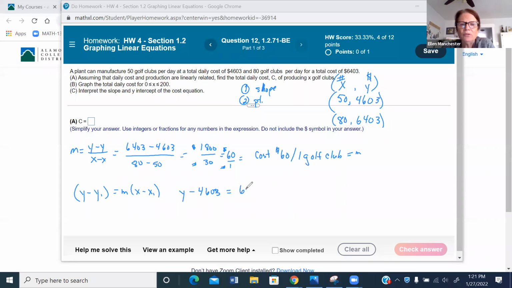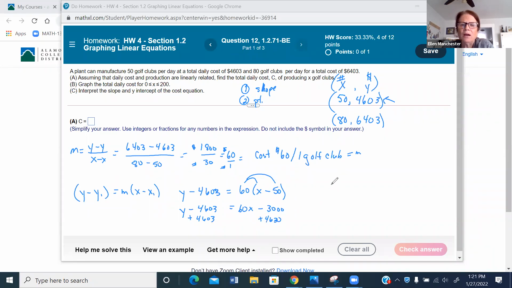I used this ordered pair right here, and now I just clean it up. So y minus 4603, I distribute, multiplying through: 60 times 50 is 3,000. Then I'm going to add 4603 to both sides.